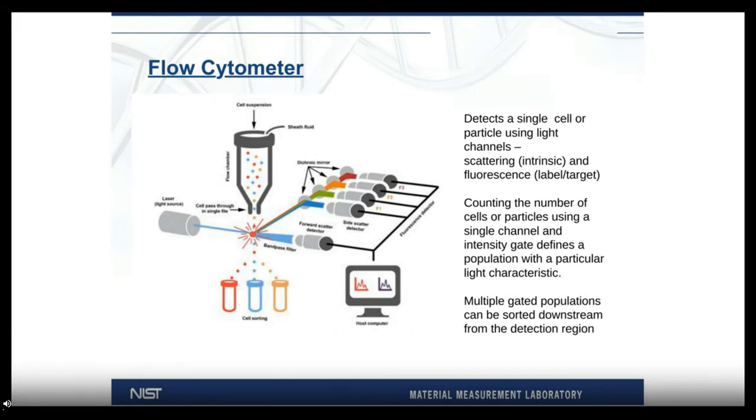You may be detecting scattering or fluorescence. And you're counting the number of cells or particles in a particular population based on an intensity gate which defines that population with a particular light characteristic. And then downstream of the detection region, at least for some instruments, you're able to then sort cells based on those different gatings.